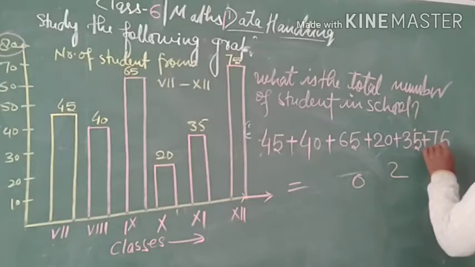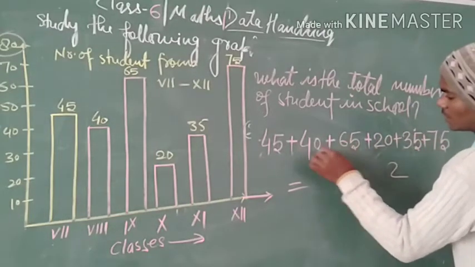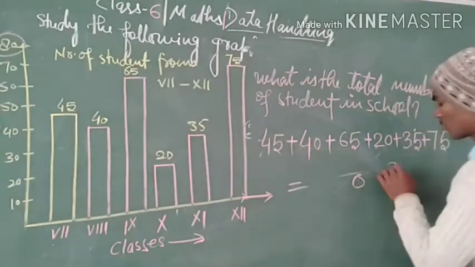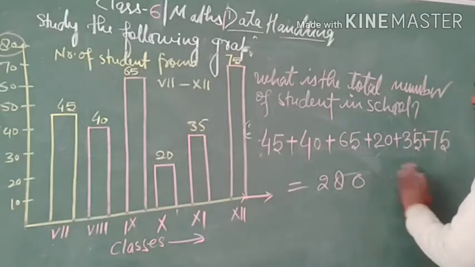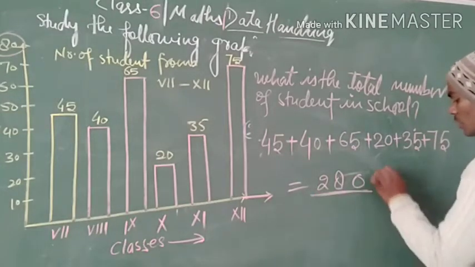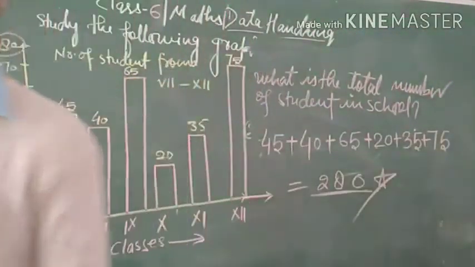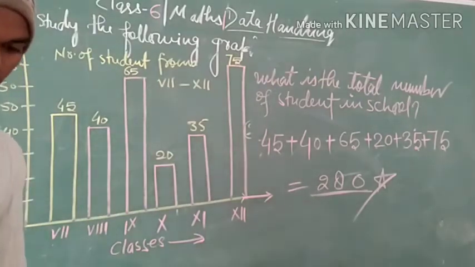Carry 2, 7 plus 3 is 10, 10 plus 2 is 12, 12 plus 6 is 18, 18 plus 4 is 22, 22 plus 4 is 26, 26 plus 2 is 28. Therefore, the total number of students in the school is 280.